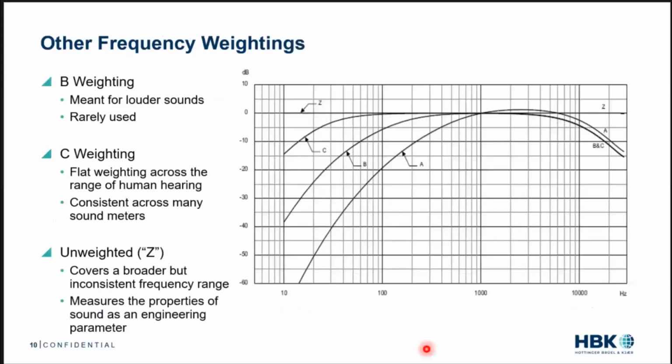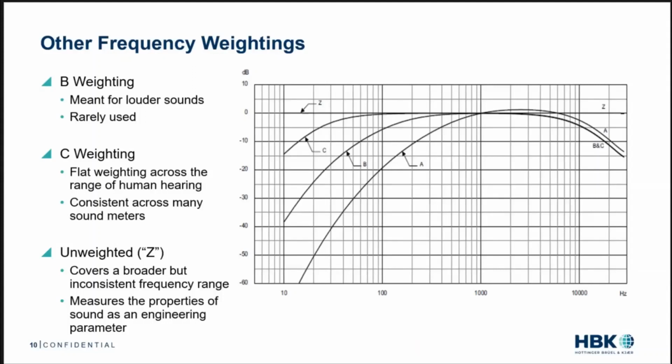An IEC 61672 Class 1 certified sound meter, Class 2 meters are allowed to be less precise, should also include a C-weighted filter and optionally a Z or unweighted filter. The C-weighted filter is essentially flat with high pass and low pass filters at the frequency extremes of human hearing. This measurement should be relatively consistent between sound level meters.